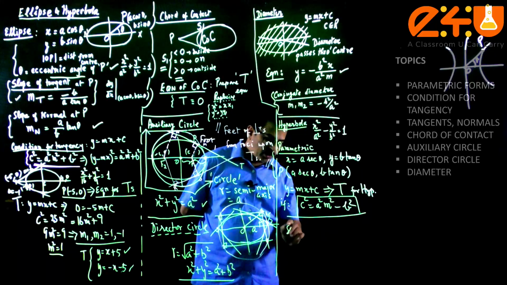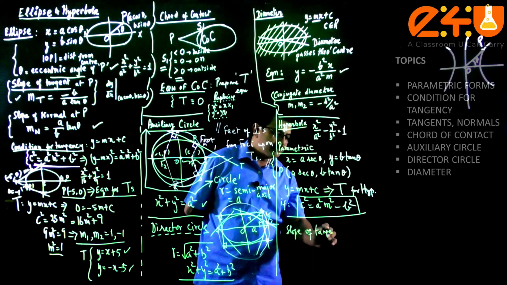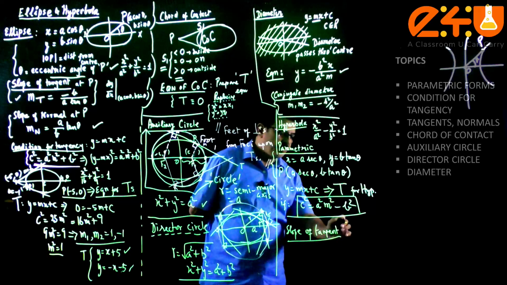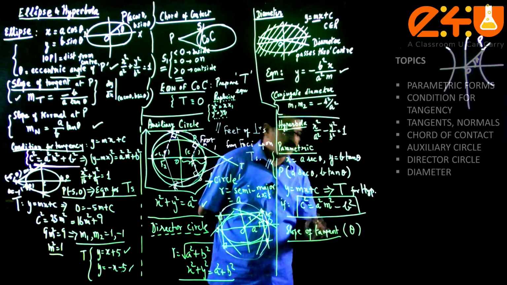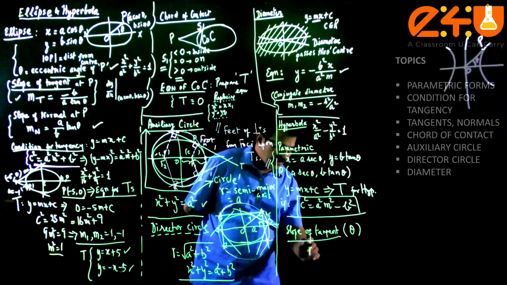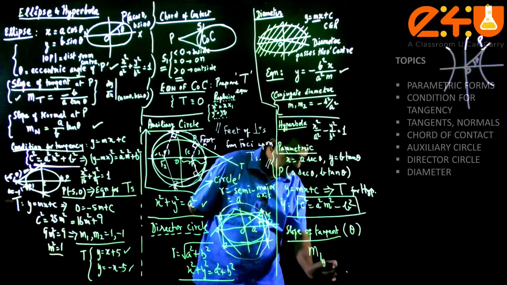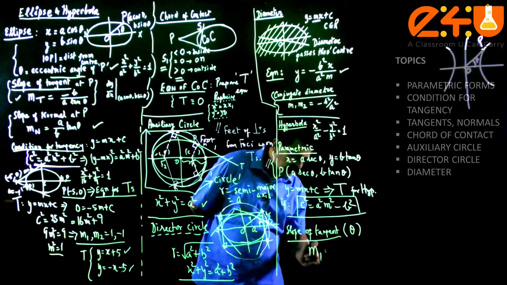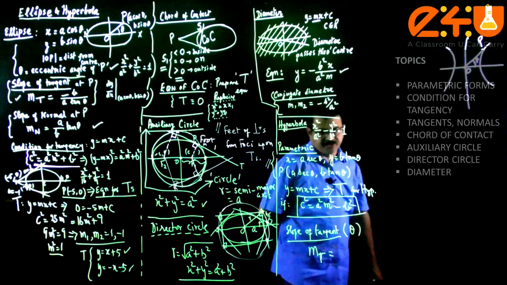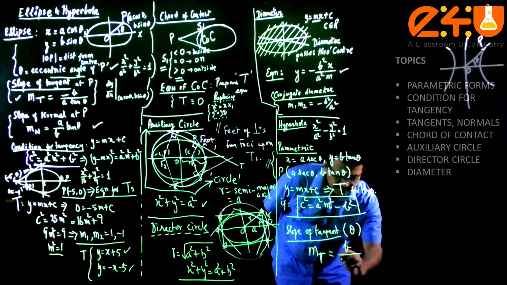What about the slope of the tangent in terms of the parameter theta? In terms of parameter theta, the slope of the tangent, m subscript t, is b divided by a times sin theta.